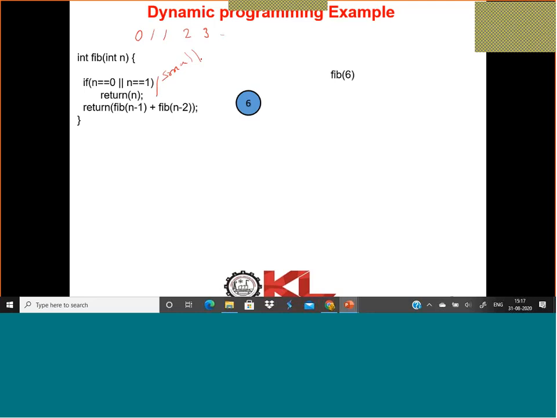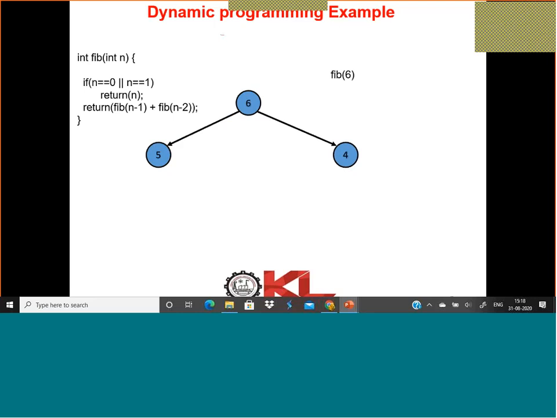Let us look at how these function calls occur. When I call Fibonacci of 6, I want to find the sixth term of the Fibonacci. When I first invoke Fibonacci of 6, 6 is not small here, it is big for me, so it is divided again into two sub-problems, that is fib of n minus 1 and fib of n minus 2.